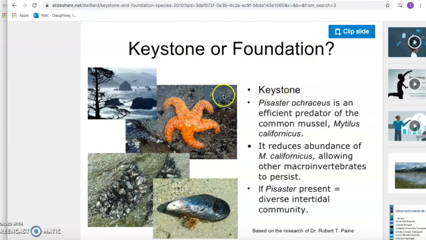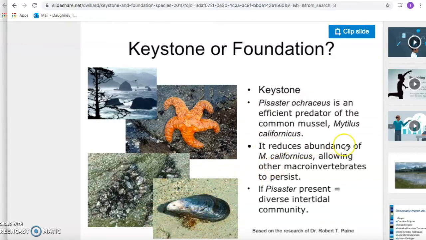Well, the sea star, and this particular species is called Pisaster ochraceus, okay? And it is a keystone species. So this sea star is a keystone species, all right? It's an efficient predator of this mussel, Mytilus californianus, all right? Which means this guy eats a lot of these.